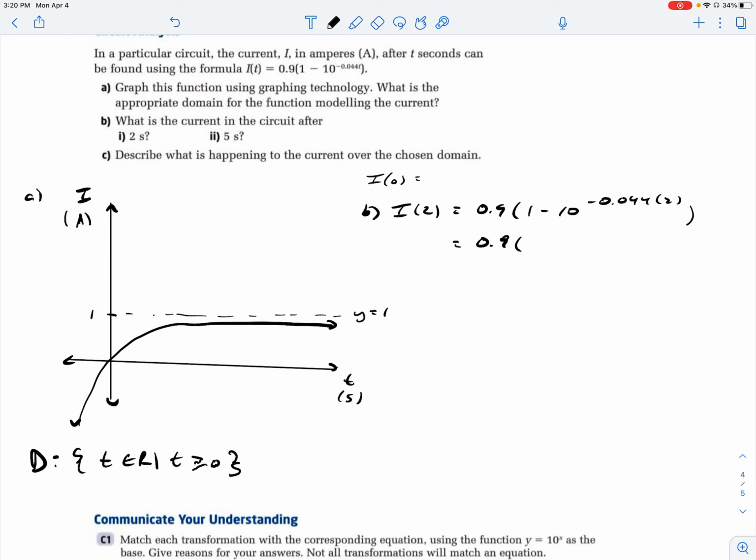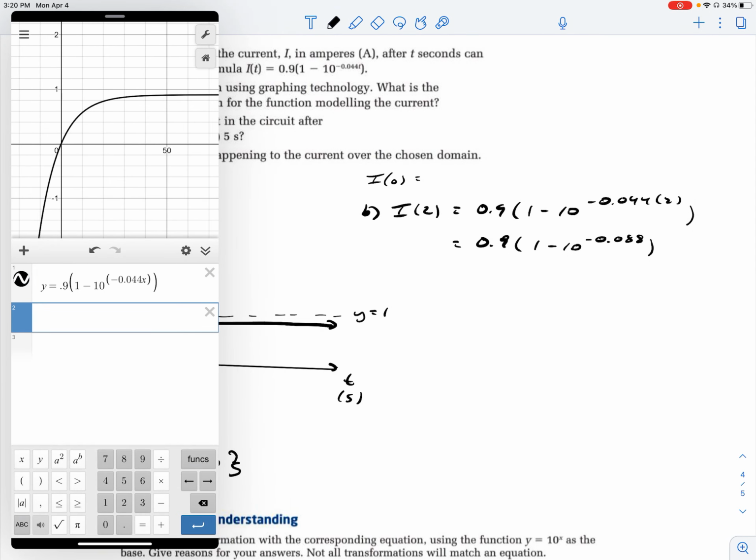That's equal to 0.9 times 1 minus 10 to the negative 0.088. So let's go ahead. We'll get Desmos to calculate that for us. I want to see if it can do this here. No, it doesn't know how to calculate that. All right. So we'll just plug it in.